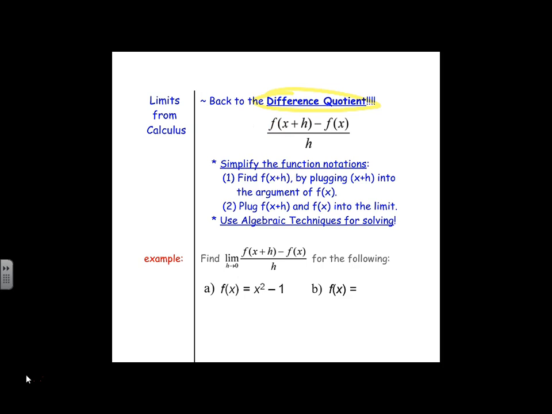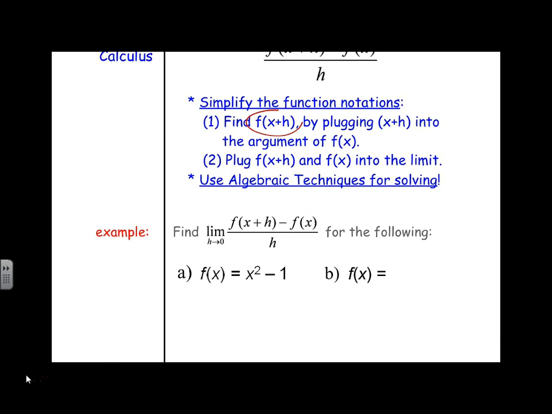So then these steps maybe make a little bit of sense, because in order to find f of x plus h, we have to plug x plus h into the argument of x. We can get it into the input of the original function. Plug in, solve, solve, solve.